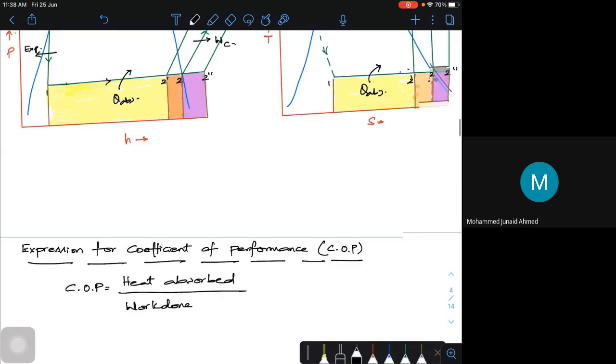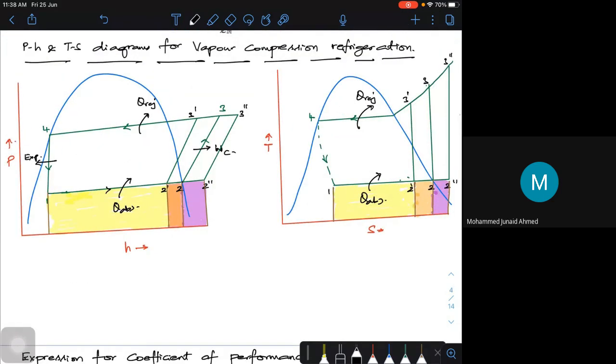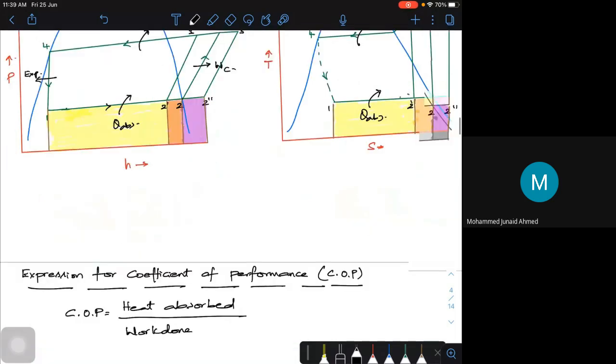Now let us go back and see here. What is your heat absorption? It is H2 minus H1. What is your work supplied? It is H3 minus H2. Okay, now let us try to write it.